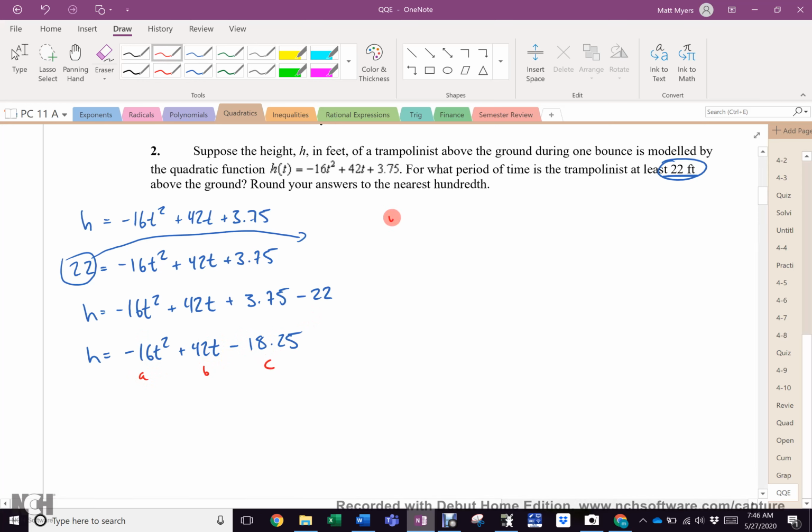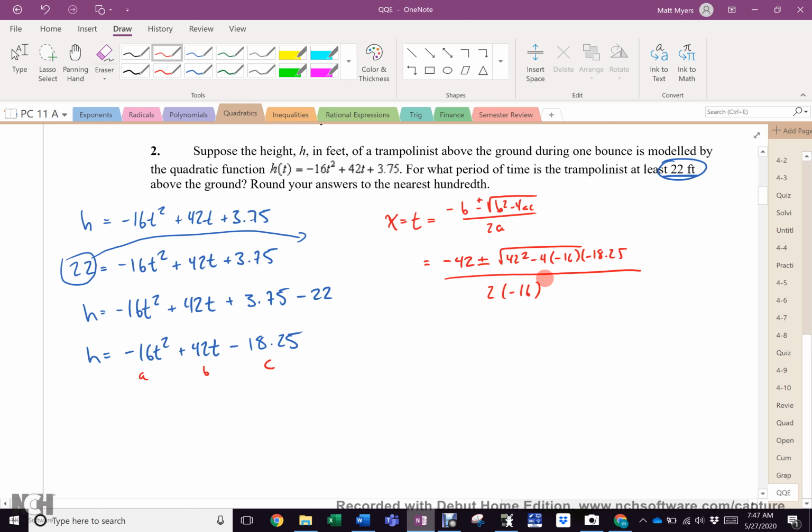The quadratic equation: x equals, in this case, x is t. So t equals negative b plus or minus the root of b squared minus 4ac over 2a, which in this case is negative 42, plus or minus the root of 42 squared minus 4 times negative 16 times negative 18.25, all of that over 2 times negative 16.